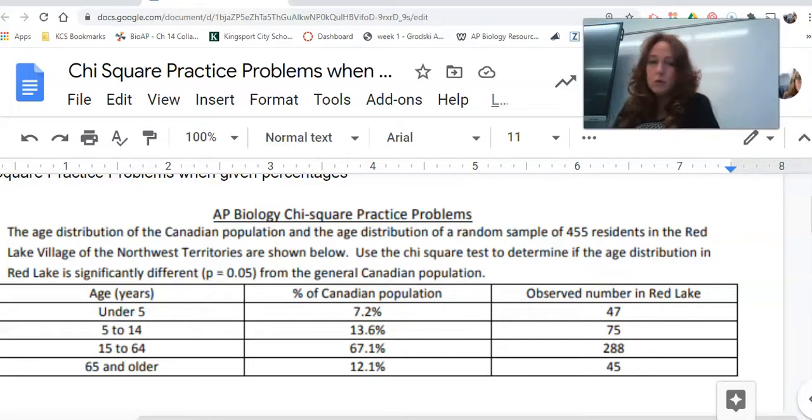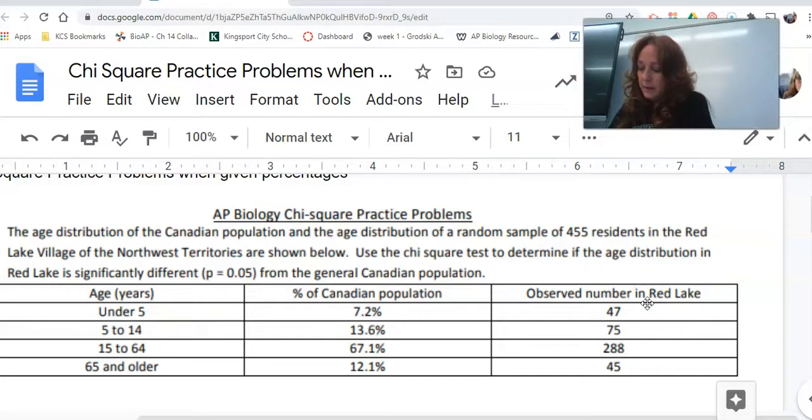And then you do not directly use the percentages. You can't. Chi-square uses actual numbers. So this is a percent of the population. I need numbers of people because that's what was observed here, and that's what we would use, actual numbers. So you do use the observed values. So there's 47, 75.